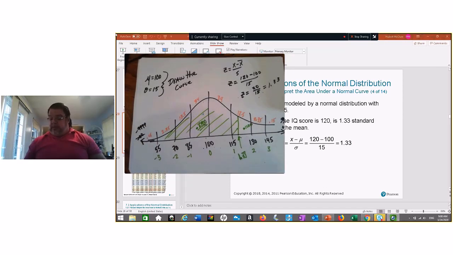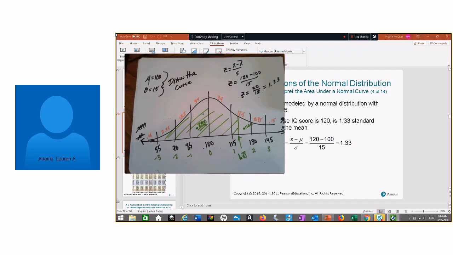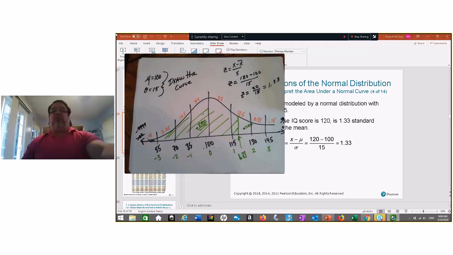So I take my handy dandy calculator. I need y'all to do this. Do you have your calculators with you? I don't, mine's in my car. Well, this is what you would do.